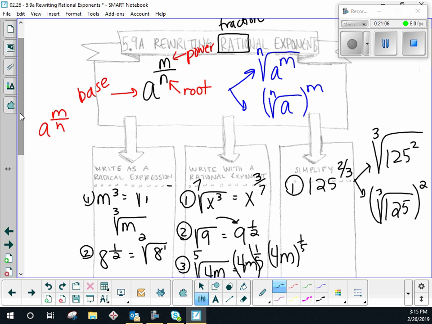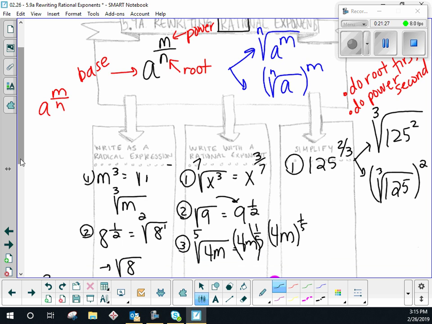I want you to make a note to yourself on this section that it's easier to do the root first and the power second.